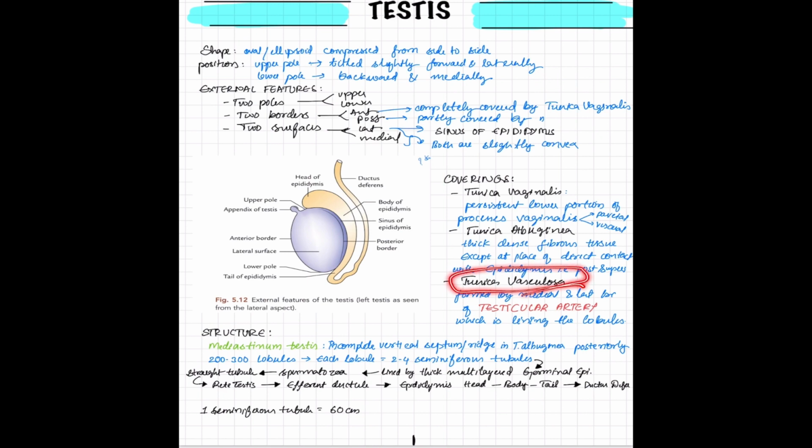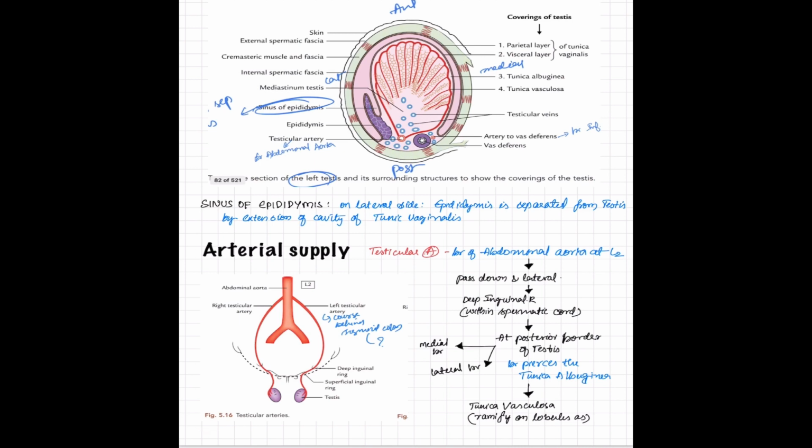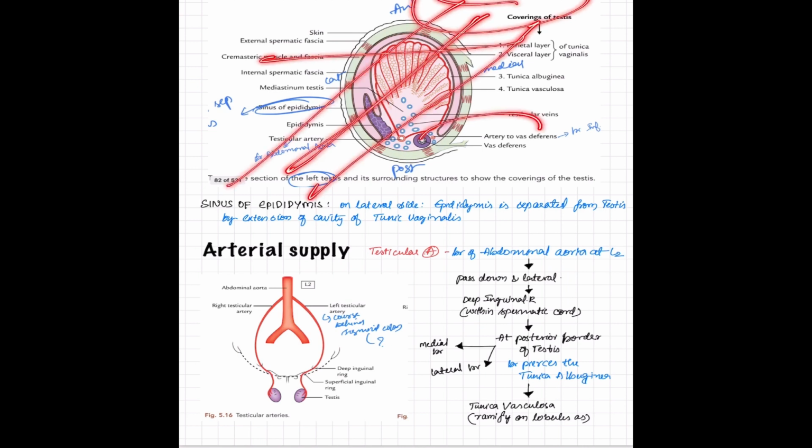And now let us go back to the exception: except at the place of direct contact with the epididymis, that is posterosuperior. Where there is direct contact of the epididymis with the testis, there it will be absent. We cannot see the posterosuperior surface here because we have cut it.